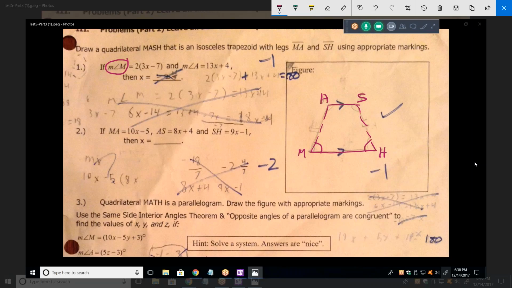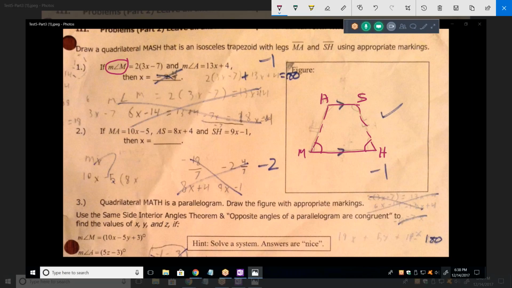You just say M is equal to H. All of this differentiating between congruency and equality gets a little old after a while. It doesn't really come into play anymore. Once you get to a certain point, then things are equal.